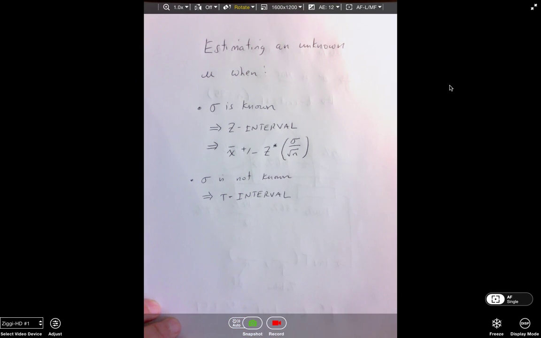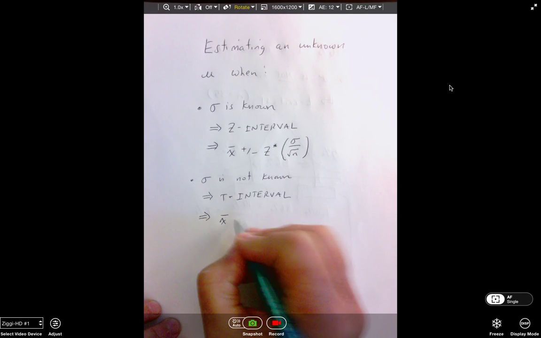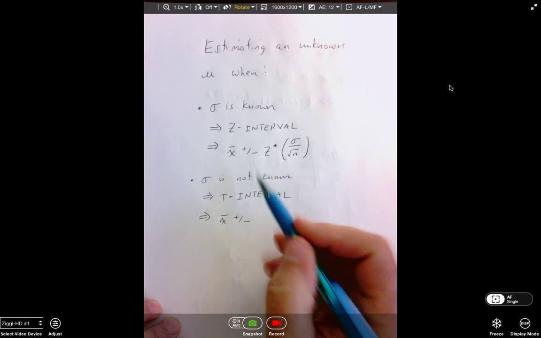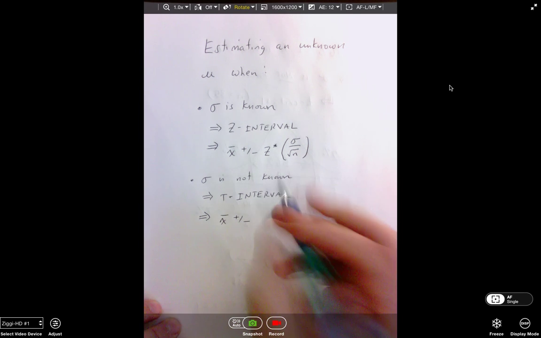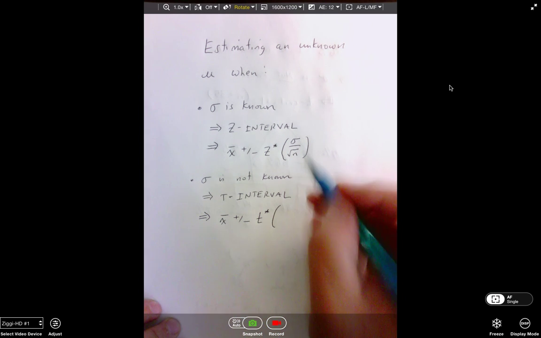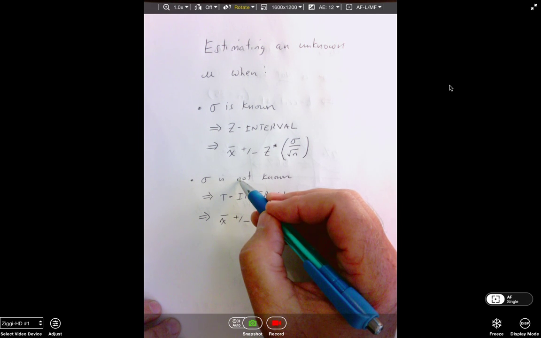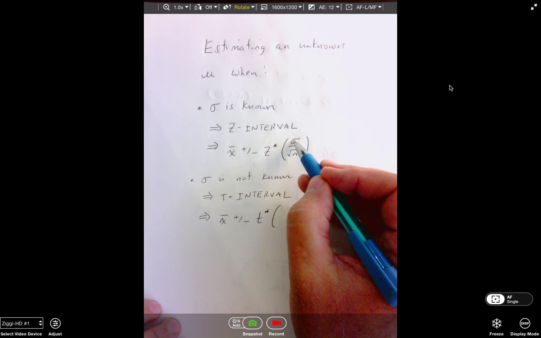Key in our calculator. And the formula is x bar plus or minus, but guys, instead of the z star, we have the t star. And instead of the population standard deviation, in this situation it's not known, so for obvious reasons we can't use it.